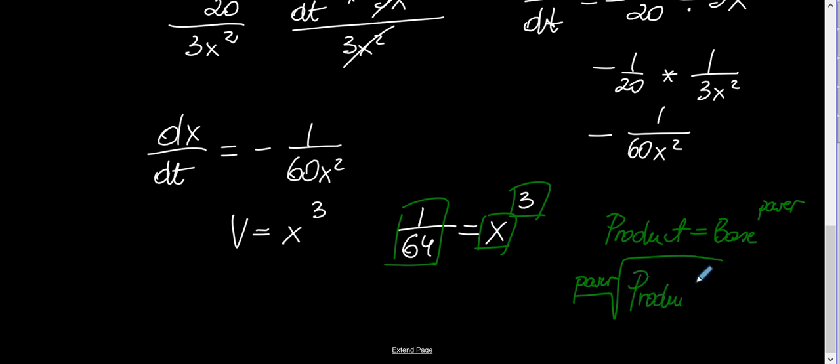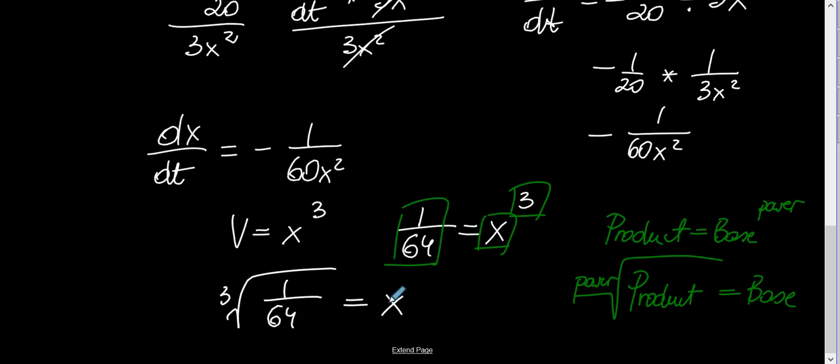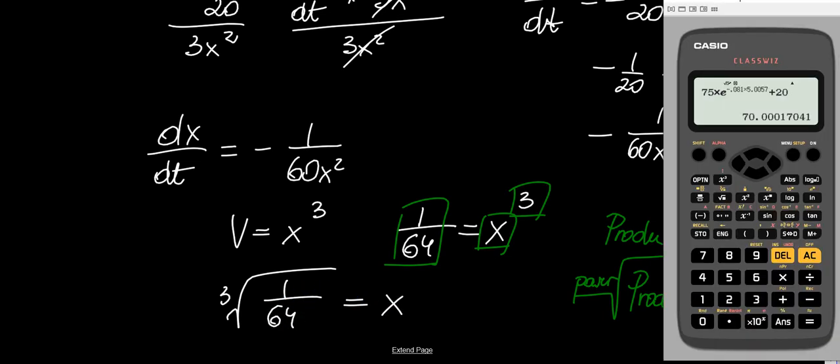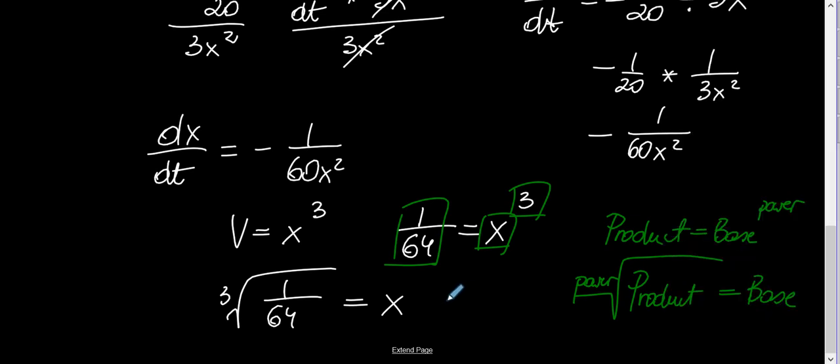I put my product under it, and that gives me the base. So applying that here, that means it's going to be a cubic root out of 1 over 64. That gives me the value of x. So 1 over 64, that's 1 over 4. That's the value of x.